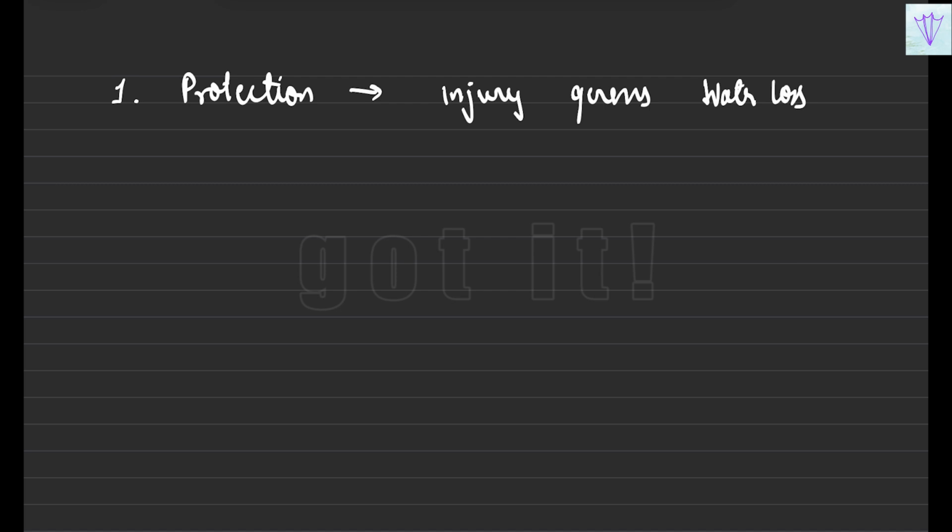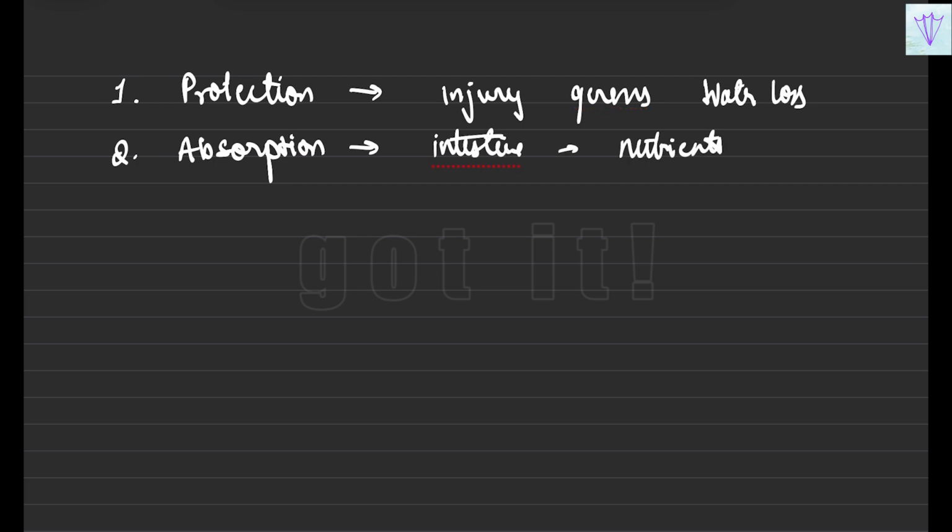This is the primary function, and the second one is absorption. The inner lining of the intestine will absorb the nutrients. This is one of the other functions of epithelial tissue.